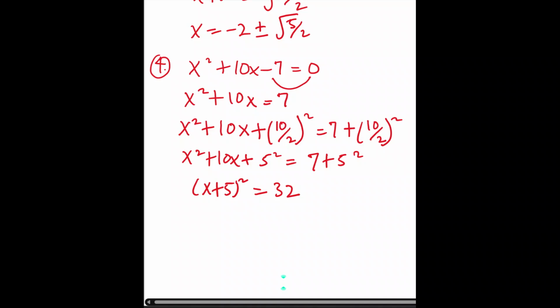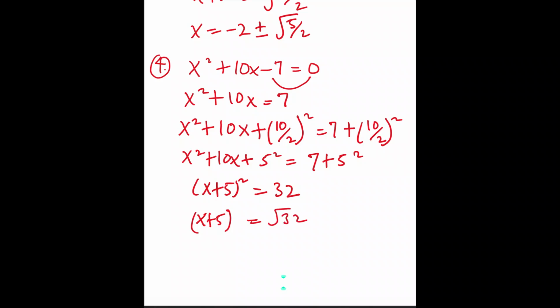So that will be x plus 5, when we square root both sides, equals root 32. If we want to simplify root 32, it is the same thing as root 16 times 2.